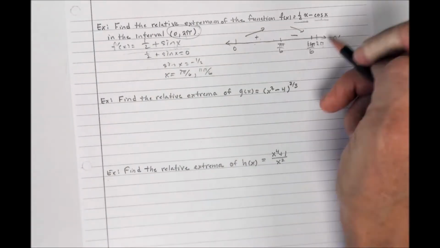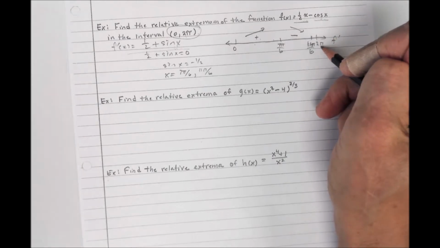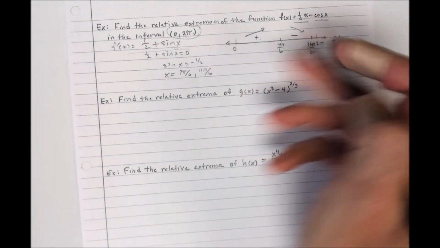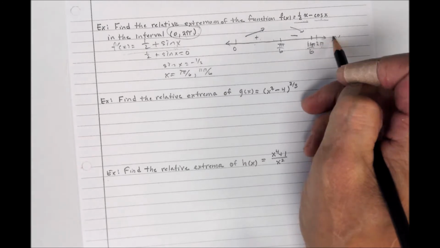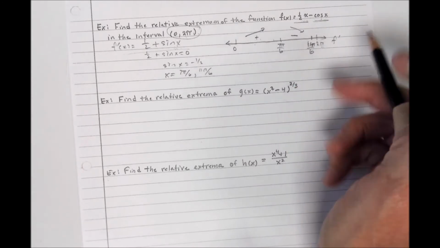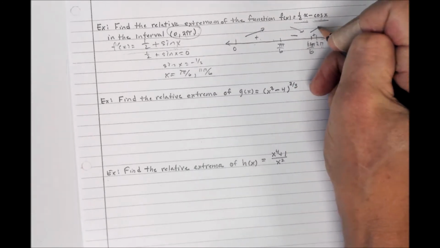I didn't have to take 6.28. I could have used 2 pi. I know that 2 pi isn't part of it, but I know the way my function is going to be behaving because of the cosine. So this turns out to be positive, and this is increasing here.